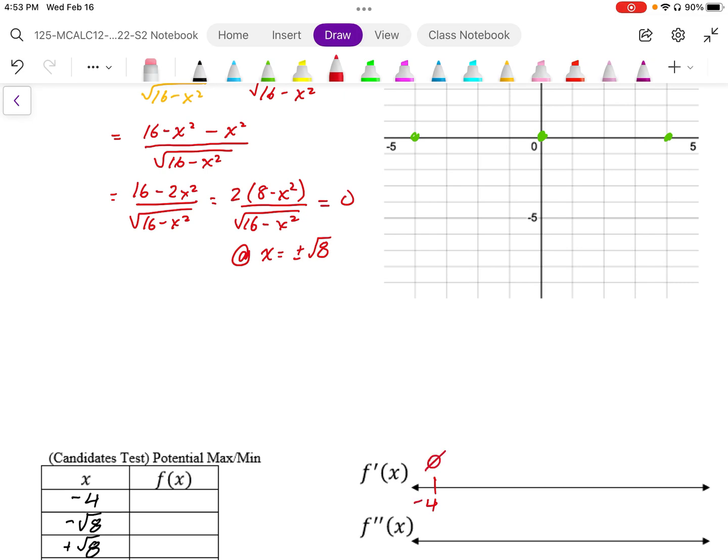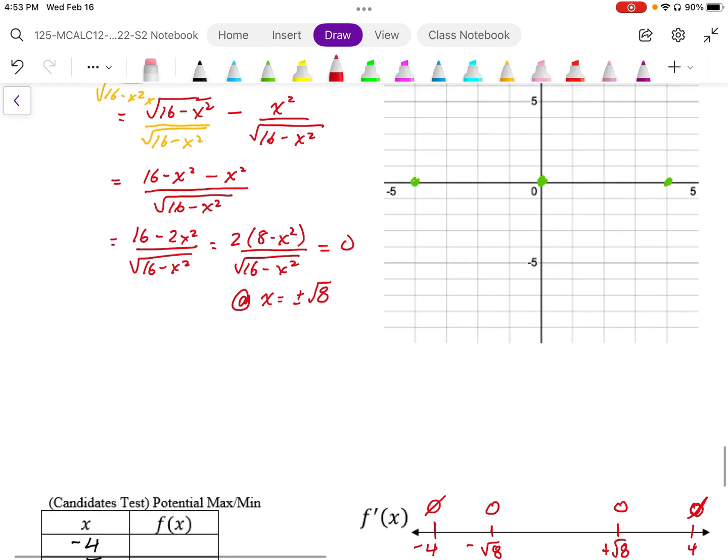So those are non-differentiable points at the ends. I have a 0 derivative at -root 8. I have a 0 derivative there at positive root 8. And at the endpoint +4, it's not differentiable. Okay, and it makes sense because that is an endpoint anyways.